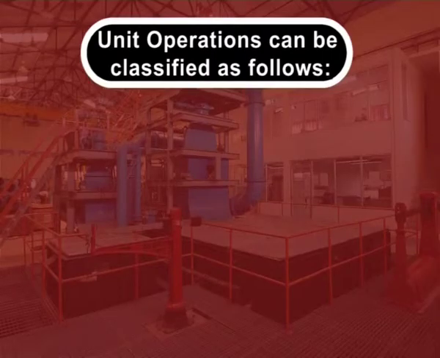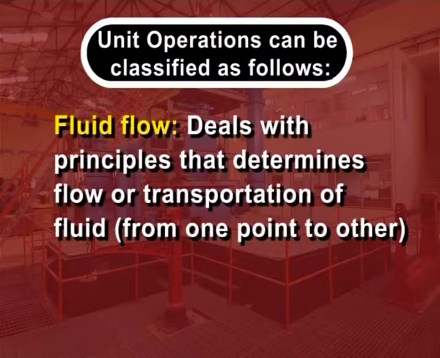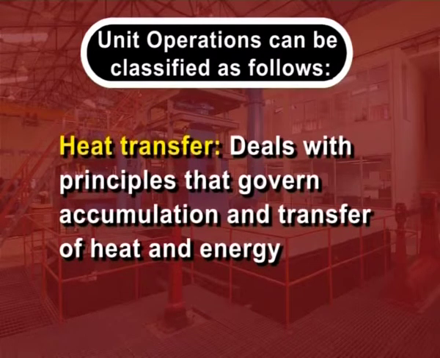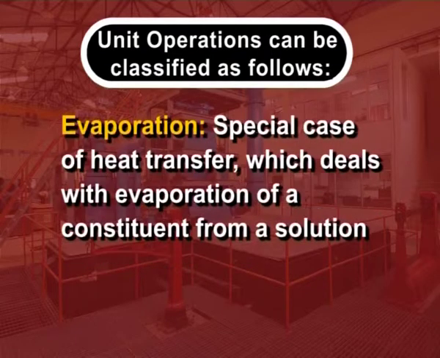Classification of unit operations. Unit operations can be classified as follows: fluid flow deals with principles that determines flow or transportation of fluid. Heat transfer deals with principles that govern accumulation and transfer of heat and energy.